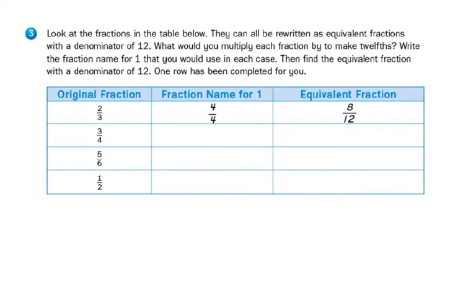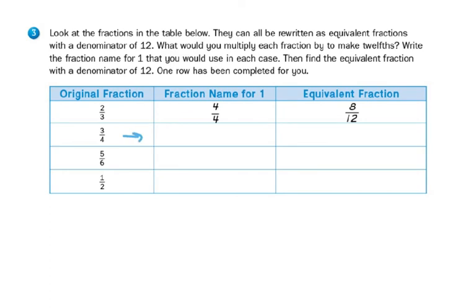So let's change 3/4. Start with that one. Let's multiply each one by 3. So write 3/3. And then we go ahead and multiply. 3 times 3 is 9. And 4 times 3 is 12. Now let's just choose another number.